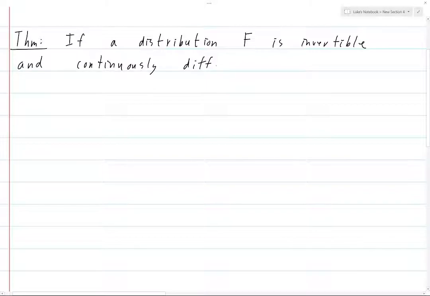So let's say we have a distribution F, which is invertible and continuously differentiable, and it has a density function f, meaning that capital F of x is equal to the integral from negative infinity to x of lowercase f of y dy.